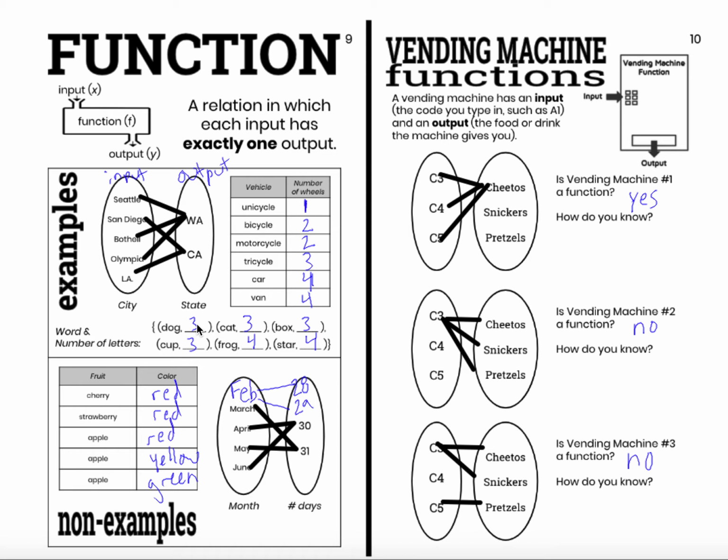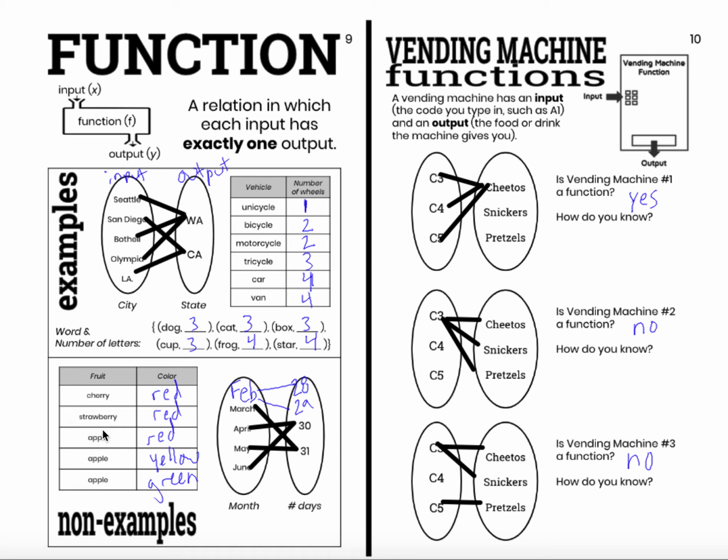Yes. Some non-examples. We have fruit and color. We can assume that every cherry in the world is red, every strawberry red. So if that were the whole relation of fruit and color, then this would be a function. That would be okay. But moving on to apples, there are lots of different colors of apples.